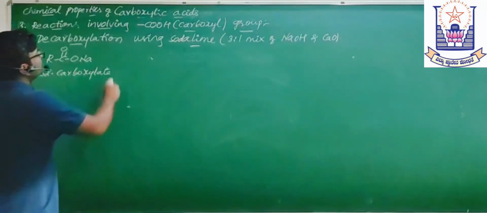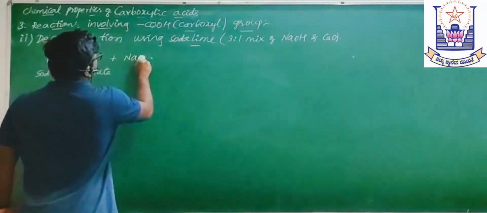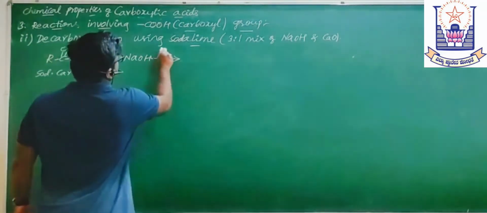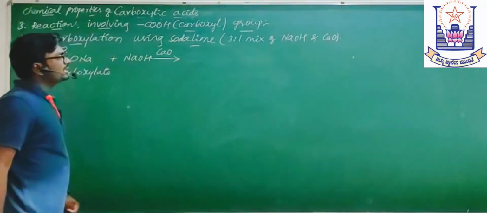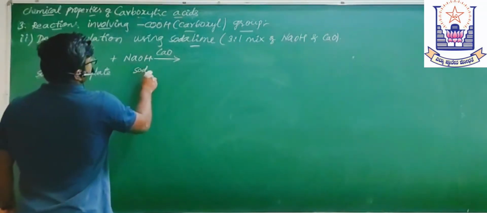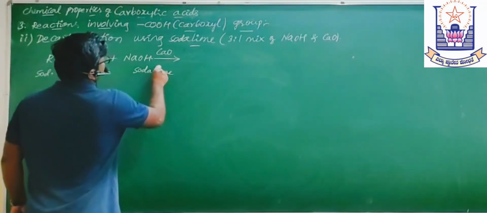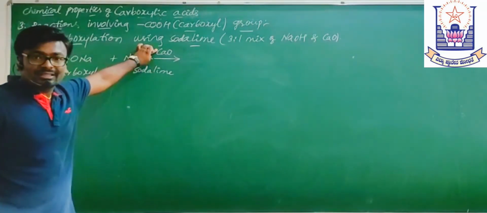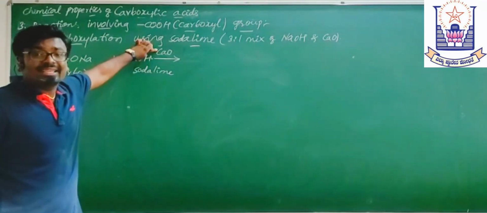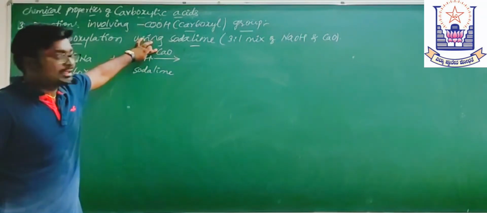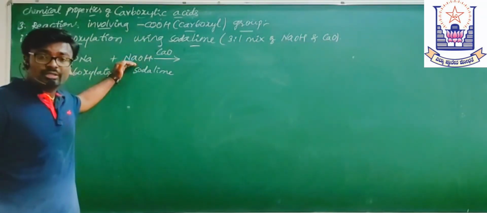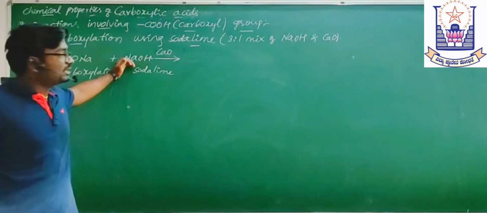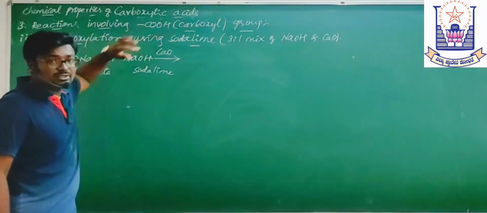When this is treated with soda lime, why am I writing the NaOH here and CaO here? Here CaO is acting as a catalyst. NaOH is undergoing the chemical reaction, but we use this mixture together.